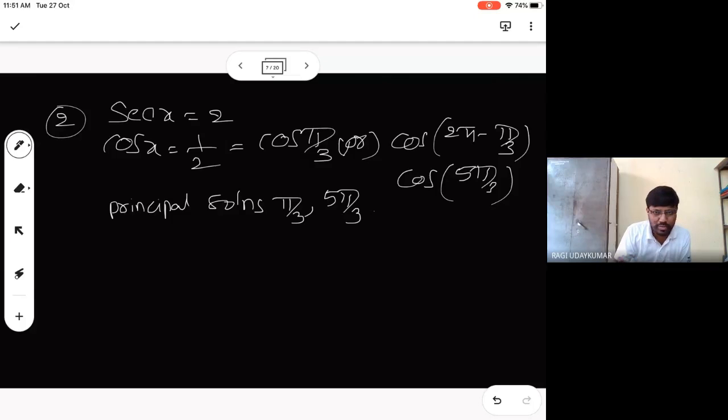Okay, understood? What is the general solution for cos x = 1/2? cos π/3.